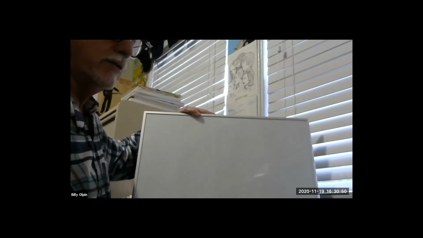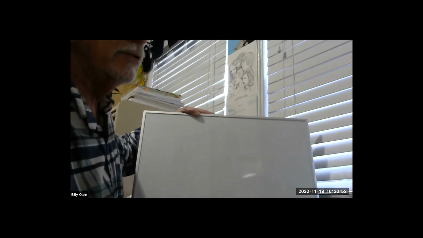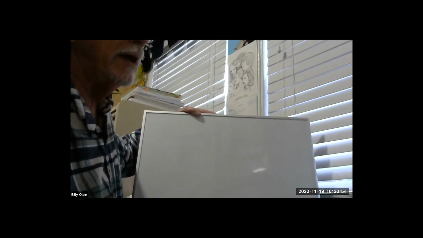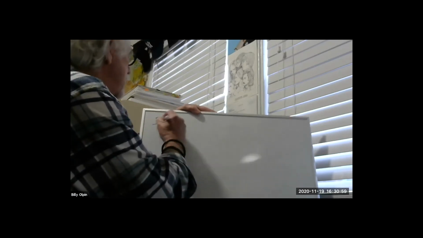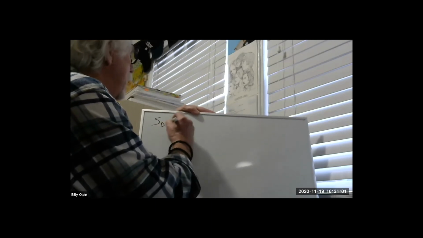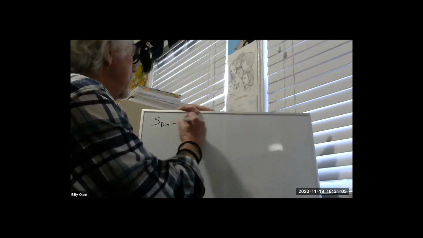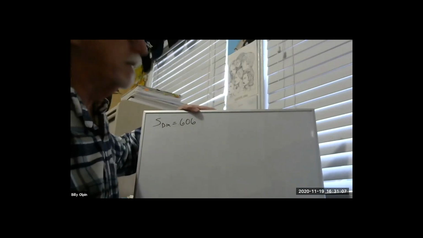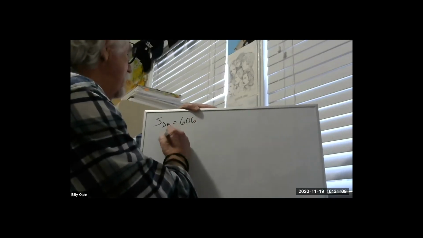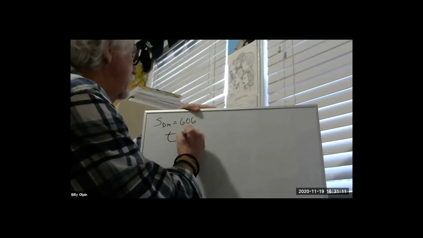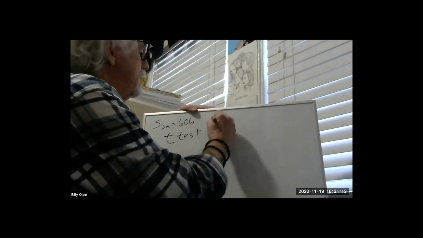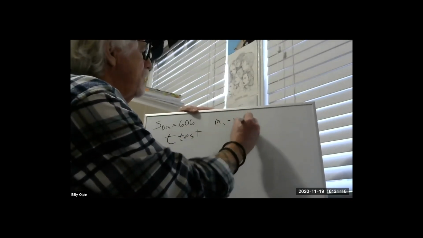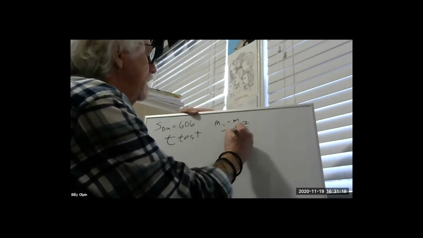So I got to the end of computing SDM, right? So that was equal to 0.606. And that's what I said was the observed value, but that is not true, right? We need to then complete the t-test. All right, so M1 minus M2 over SDM.